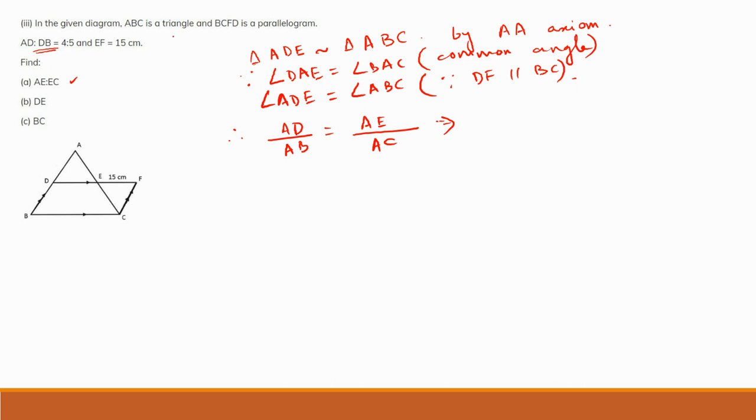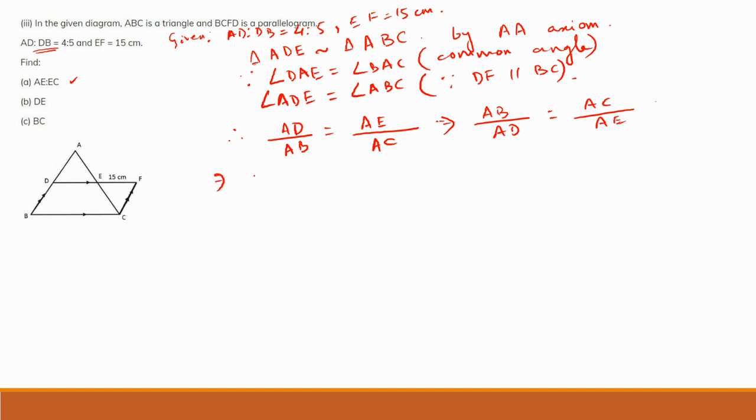You can write all the information they have given you: AD by DB is 4 by 5 and EF equals 15 centimeters. So just write those also. Here you can write AB divided by AD equals AC divided by AE, right?